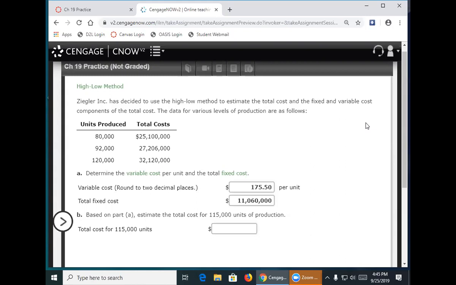So then in B, when it says based on part A, estimate the total cost for 115,000 units of production. Well, you're just plugging in right here 115,000. So you're taking 115,000 times 175.5, calculating total variable costs, and then adding in the 11,060,000 of fixed.